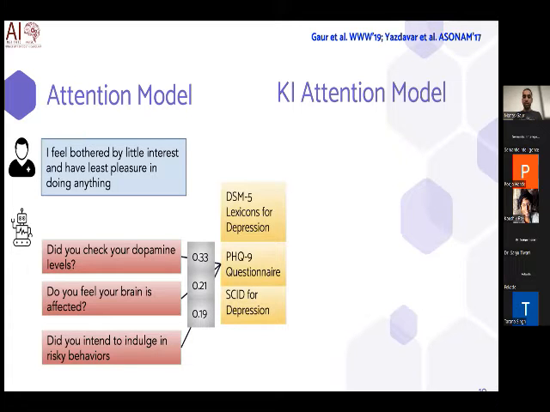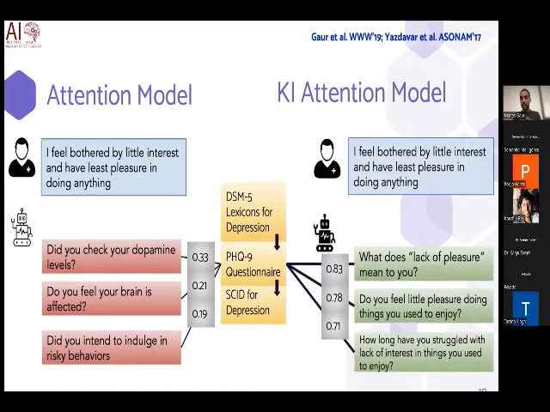Essentially, you're computing the similarities line by line, in sequence, between these questionnaires and the lexicon to figure out what degree of similarity these questions have. You see that these questions have very little, minuscule similarity with the lexicons. On the other hand, questions that are oriented by the safety checks have a high similarity with these lexicons.